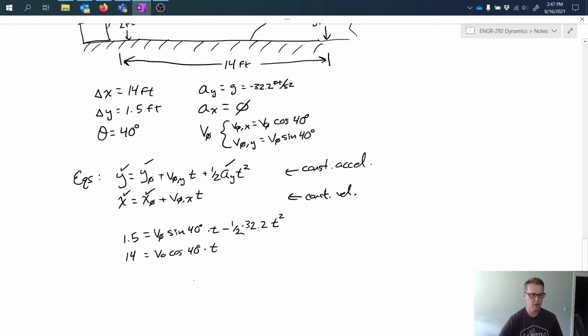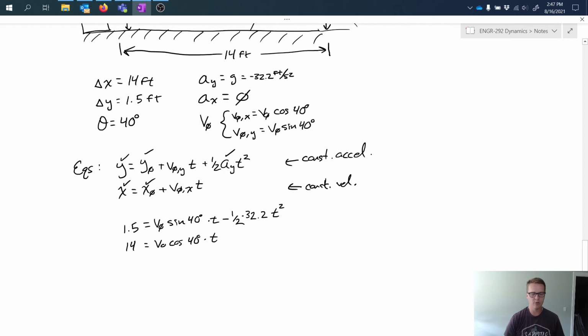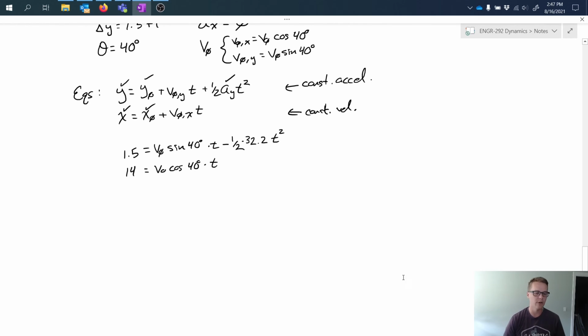All right. So to solve these equations for my unknowns, what are my unknowns? My unknown values, as we can see, are t and v naught, right? So I'm going to start by taking this equation, and I'm going to rearrange that and say t equals 14 over v naught cos 40.